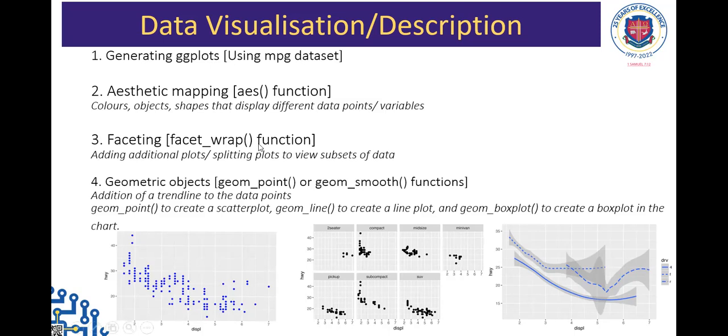Then you did some faceting, in which you could split the plots as you see down here to view different subsets of the data. And then you did geometric objects. In geometric objects, you could decide whether you wanted to create a line plot, a box plot, and so on and so forth. So these are the very same procedures that we're going to be using in exploring the data because they're part of that cyclic pattern.